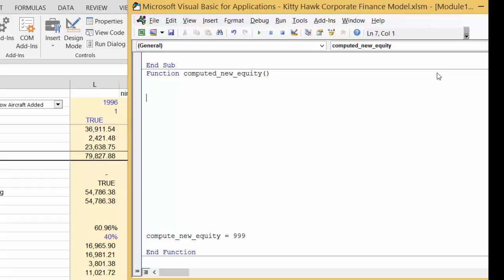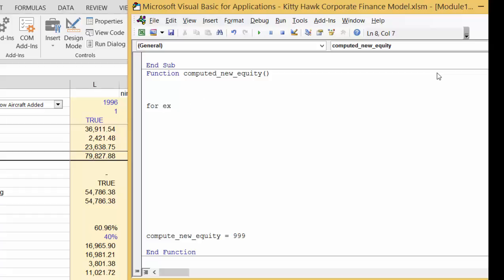Now this is going to be a dynamic goal seek. So we're going to go around and around. We're going to have some kind of for loop and we're going to try. Let's just call it new equity. No, I might have that defined something.